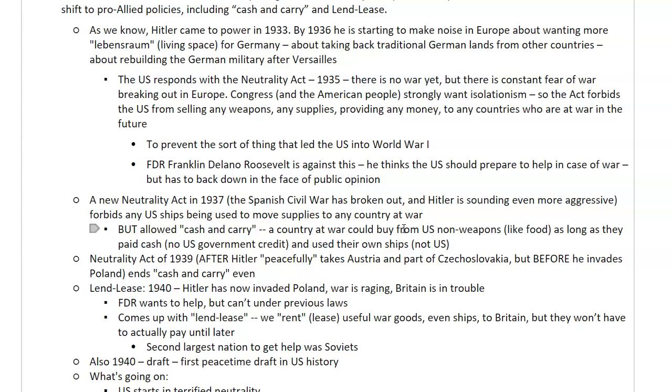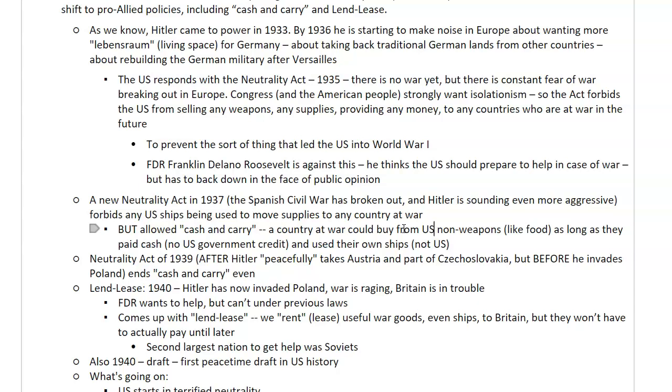No credit from the U.S. government, where we were effectively loaning the money. And they used their own ships, not U.S. ships. That way, if they were torpedoed, the U.S. was not involved. Your problem.